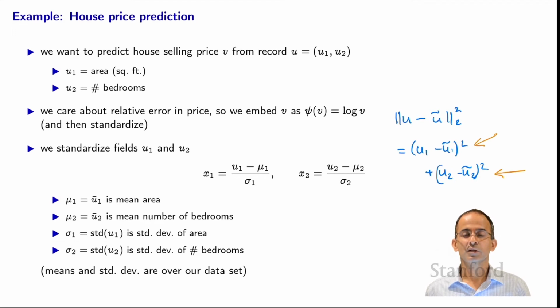And yet, a change in the number of bedrooms from 3 to 4 could be hugely significant, much more so than a change in the price from 200,000 to 250,000. So standardizing puts these two different fields on an equal footing within our embedded vector space.